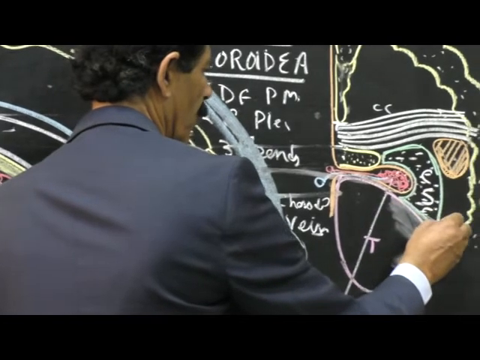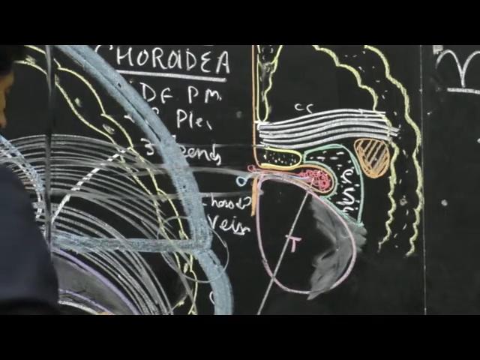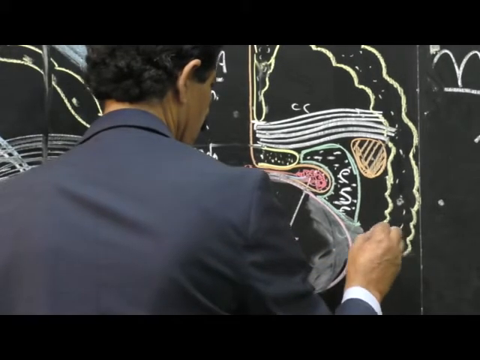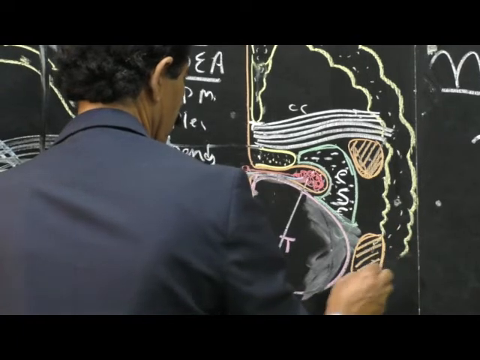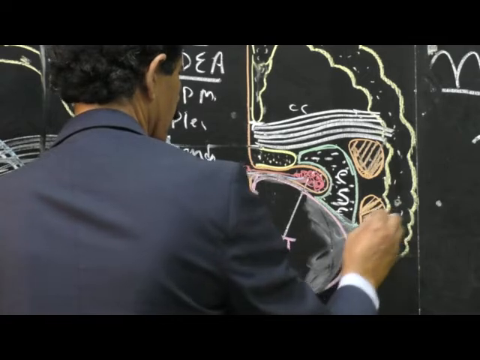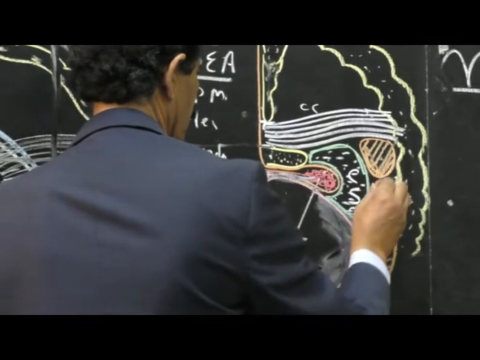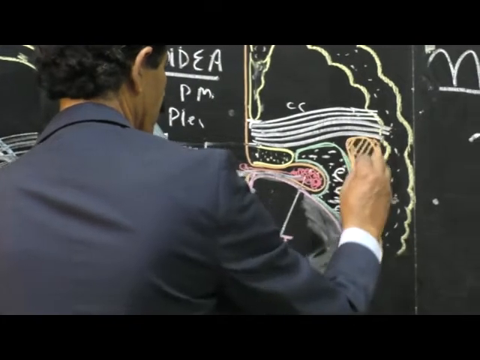And in the floor comes the thalamus. And superolateral to the thalamus is the caudate nucleus. So here the body of the caudate nucleus is lying laterally.